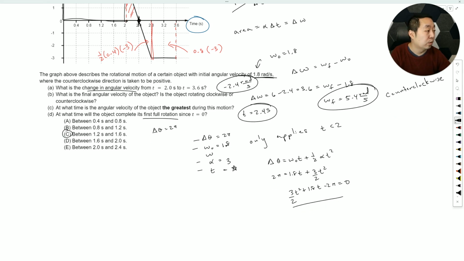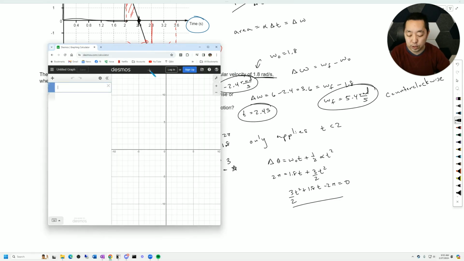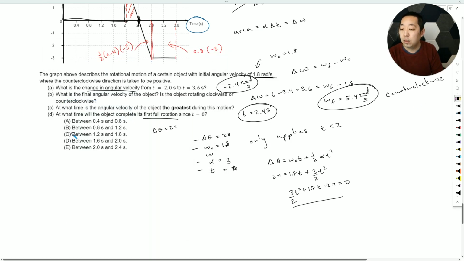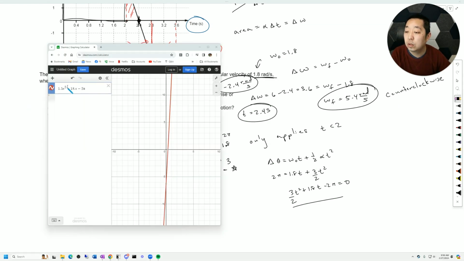I'll show you real quick on Desmos what it's going to look like. I know I used the TI-84 before, but just 1.5x squared plus 1.8x minus 2 pi. And you see the 0 is going to occur at, actually 0.339. Sorry, I said that wrong. Let me double check real quick.